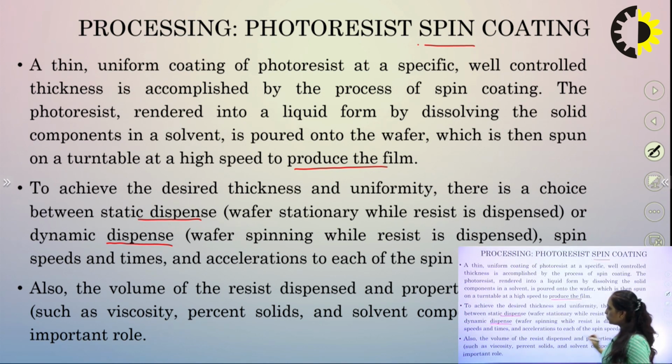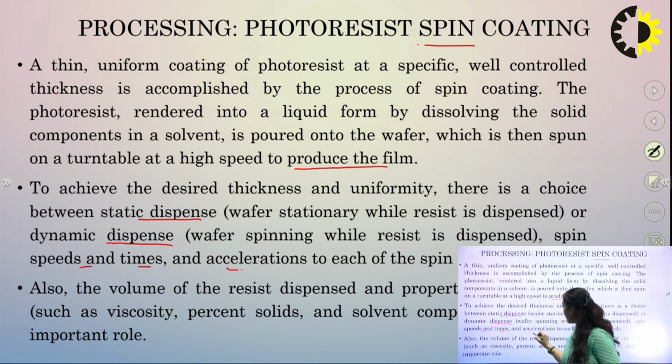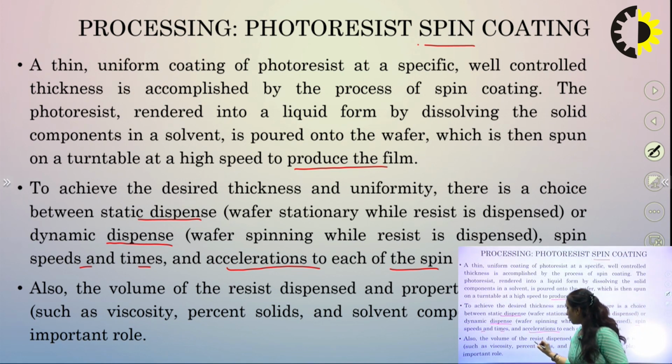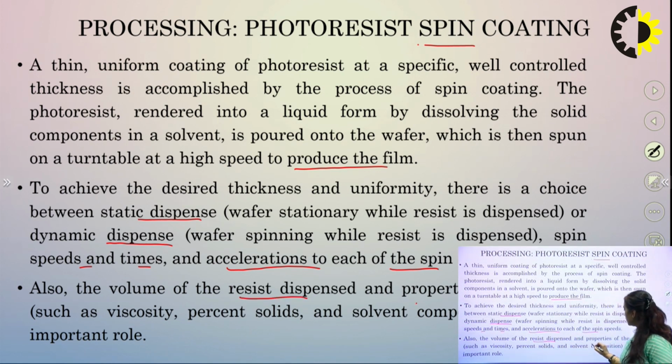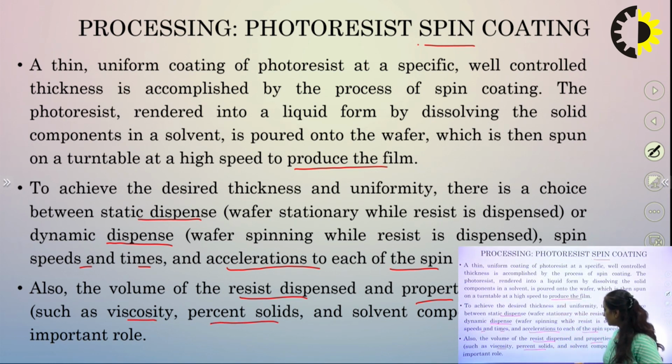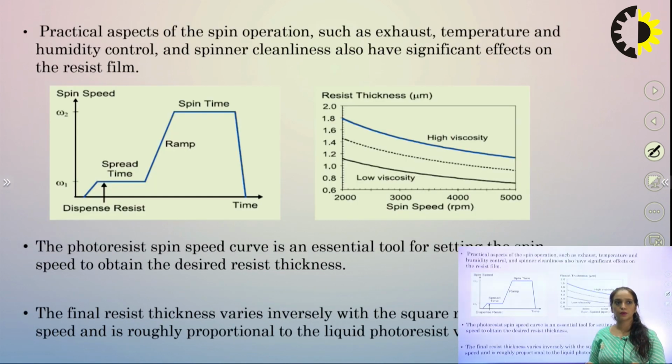The spin speed, time, and acceleration to each spin speed matter for the uniformity, and also the volume of resist dispensed and the properties of the resist material such as viscosity and solvent composition play a very important role.